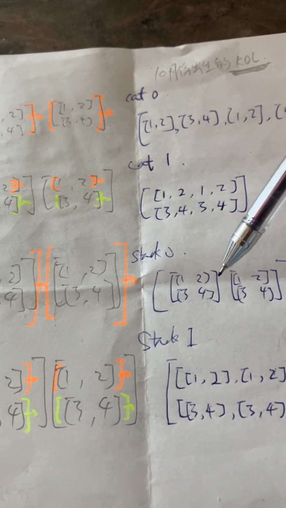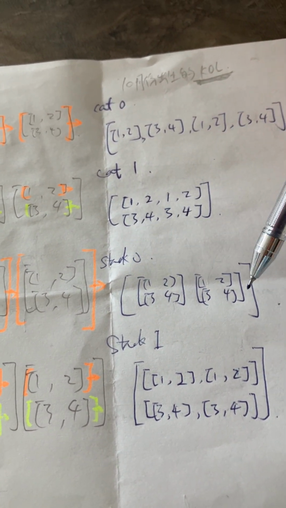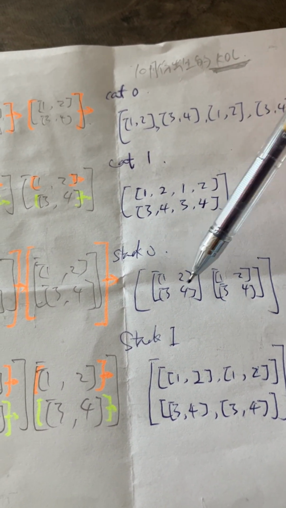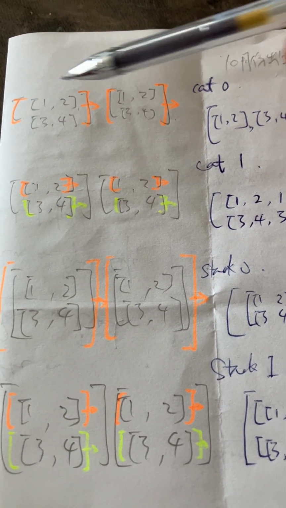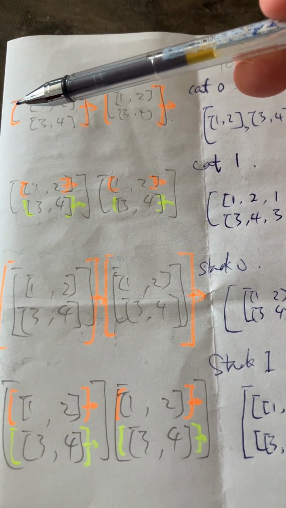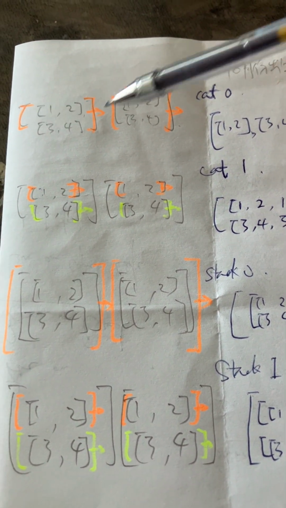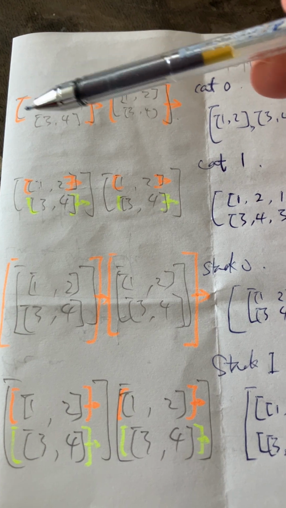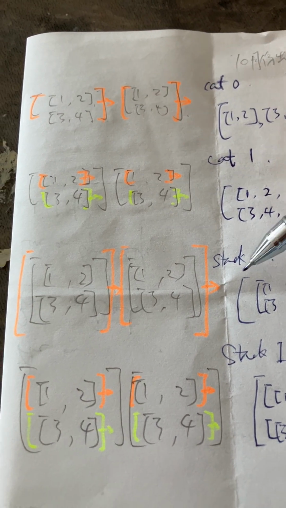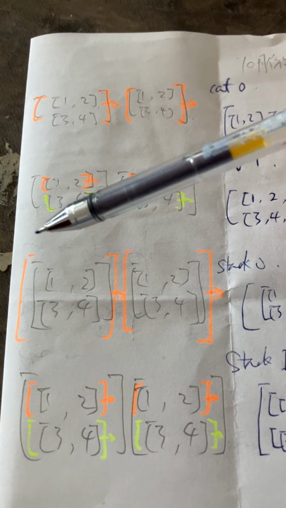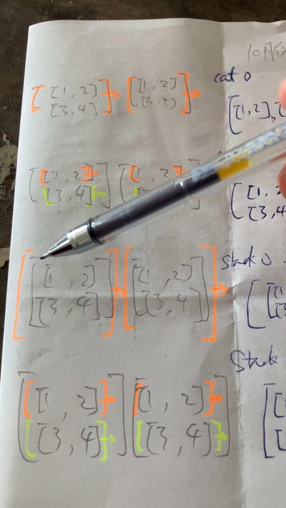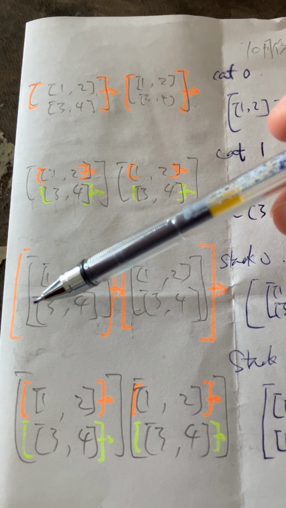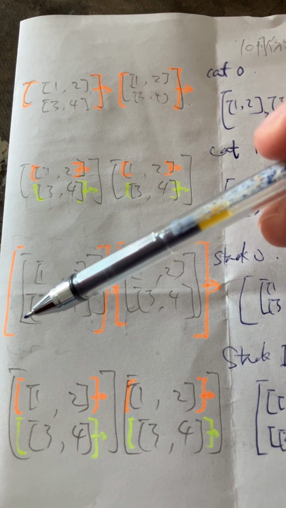So the resulting tensor would be like this, a train connecting another. Can you see the difference for the cat? Because this bracket is already the train, it's already part of the train, while in the stack function, the original bracket for the specified dimension is no longer the train that we are looking at.